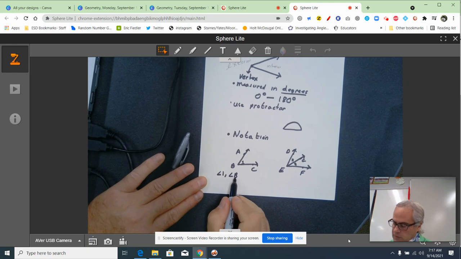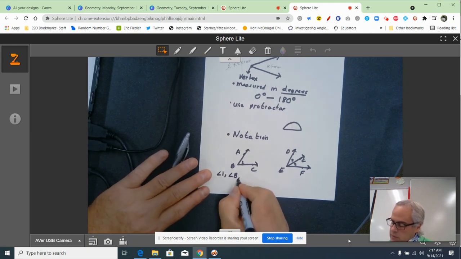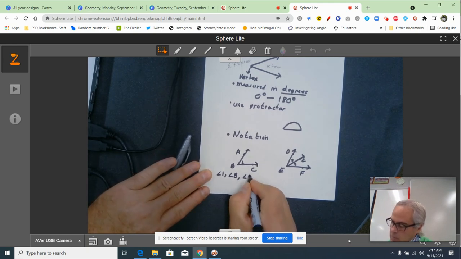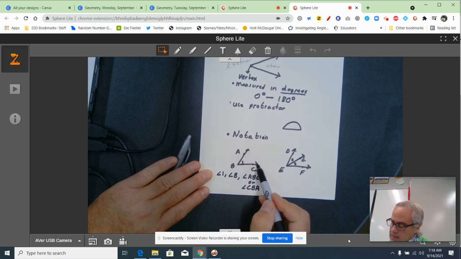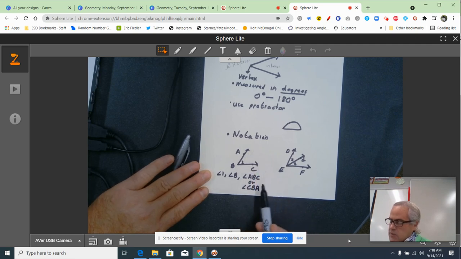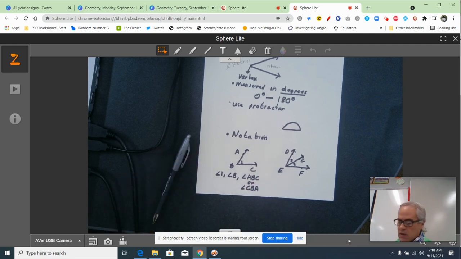Okay, so that's vertex notation. You could also use 3-letter notation, but when you use 3-letter notation, the middle letter has to be that vertex. No disputing that. It has to be the vertex. So I could call it angle ABC or angle CBA. So you have lots of possibilities with that simple picture right there.